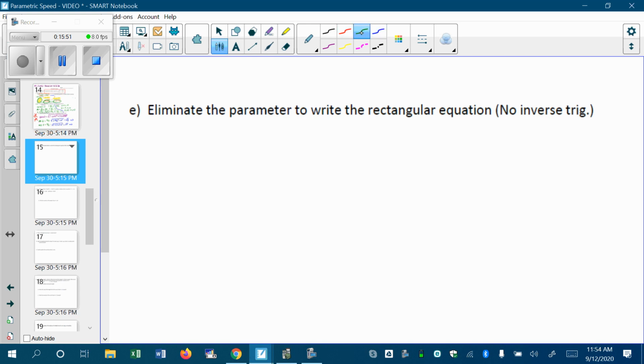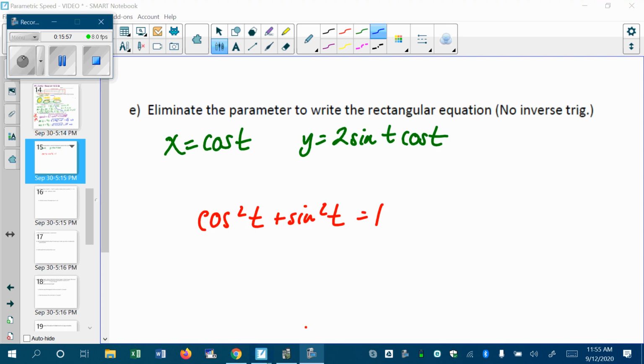Okay, so in this one, I'm going to write down what my 2 equations were. So in green are the 2 equations in the problem, or I never know if I should call this 2 equations or 1 set of parametric equations. I think it's more precise to say 1 set of parametric equations because you need both of them to define the graph.